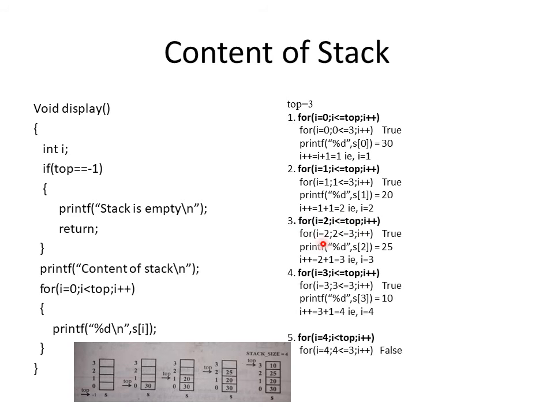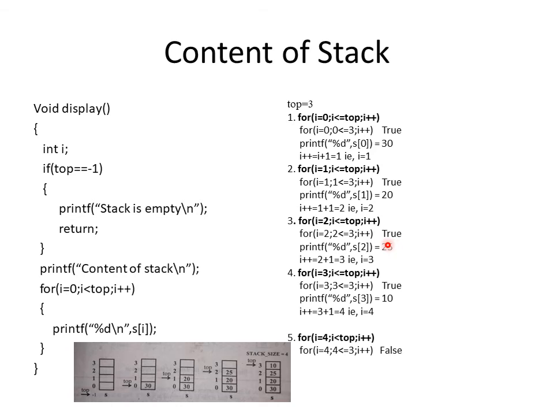What is the value of I? 2. 2 is less than or equal to 3, as the condition, once again it is true. Therefore, it will print S of 2. Here you can observe that the value of S of 2 is 25. Therefore, it is printing 25.